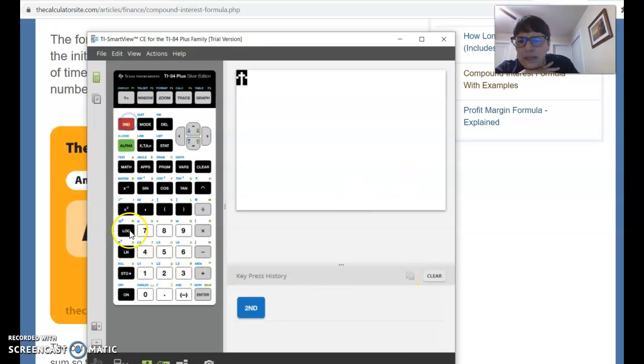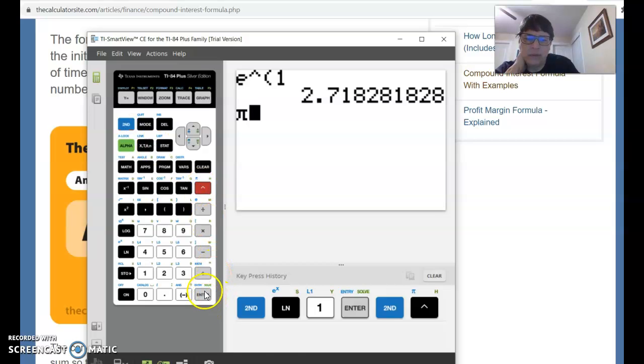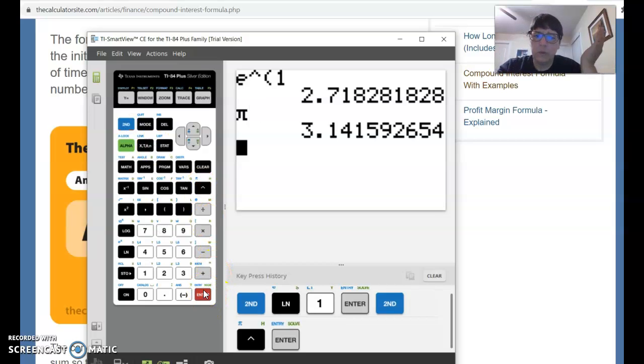So second, see how E is attached to natural log? If I just raise it to the first power, you can see that E is 2.71828, blah, blah. Just like pi, right here, is just a number. 3.141592, blah, blah, blah. Okay. They're just numbers. They're irrational numbers, but they are pretty powerful.